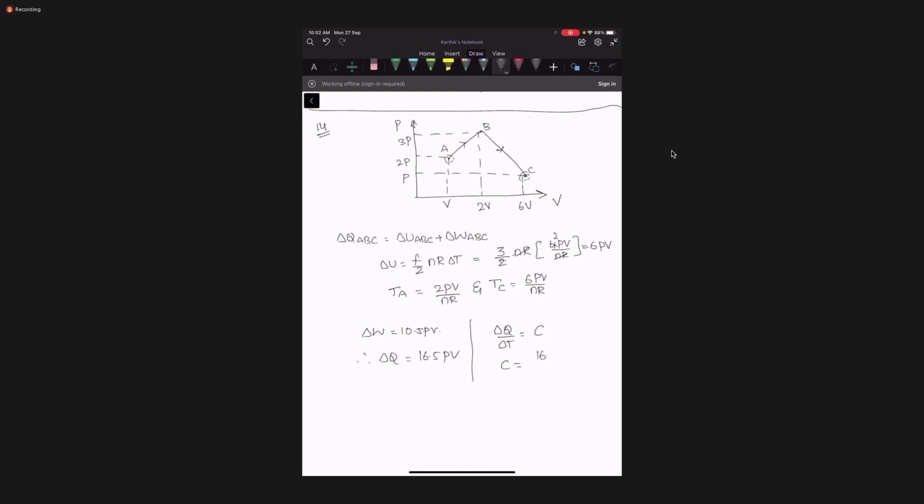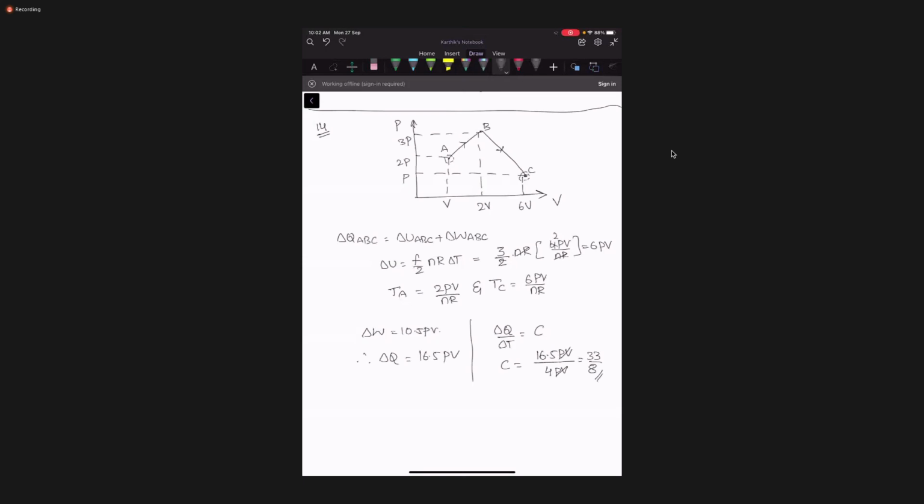So 16.5 PV is your delta Q. Delta T, how much is it? 4 PV by nR. Yes, sir. 33 by 2, so it will become 33 by 8. Option C is also correct.